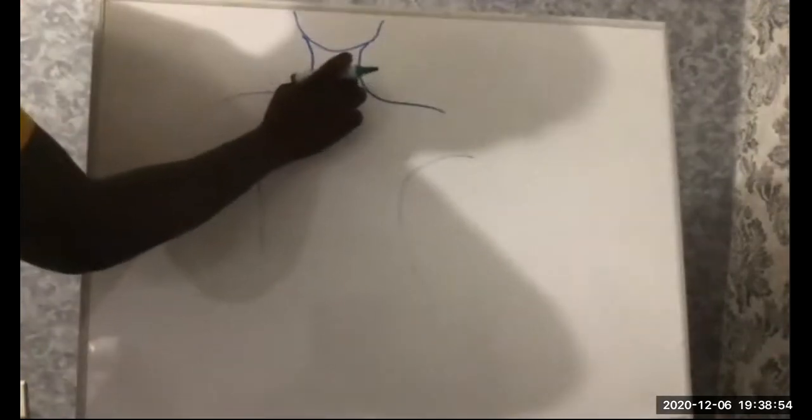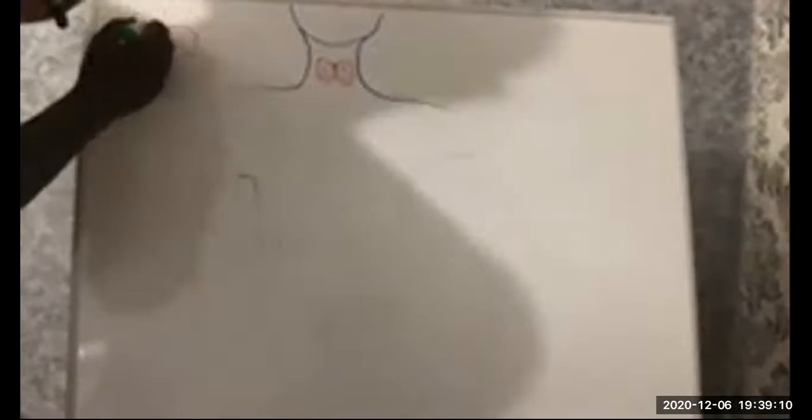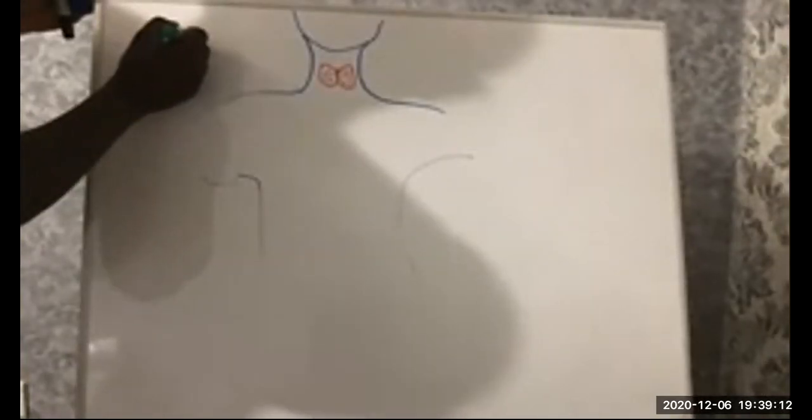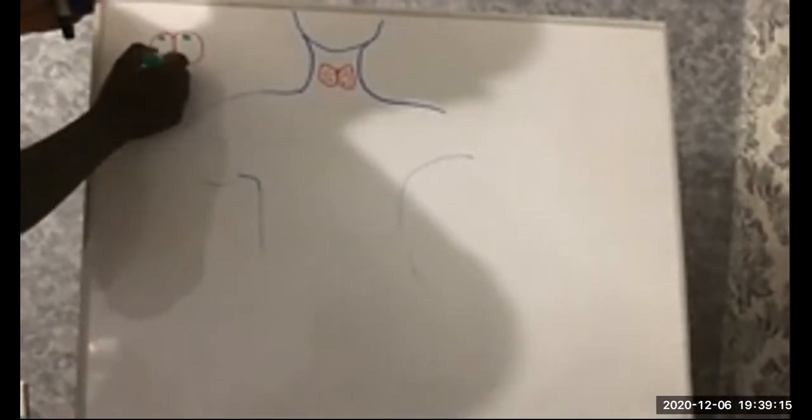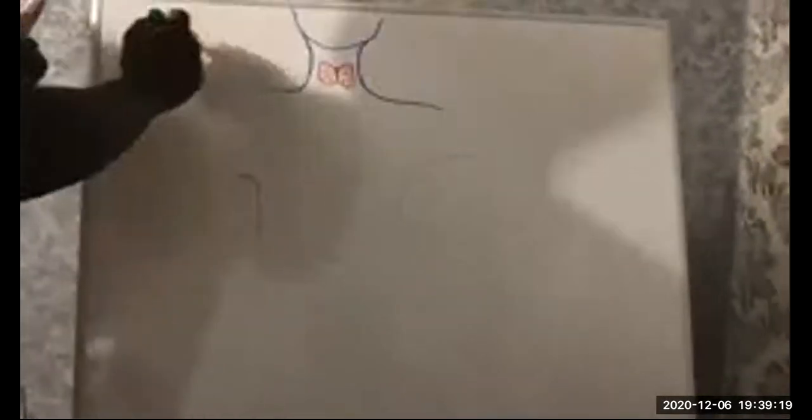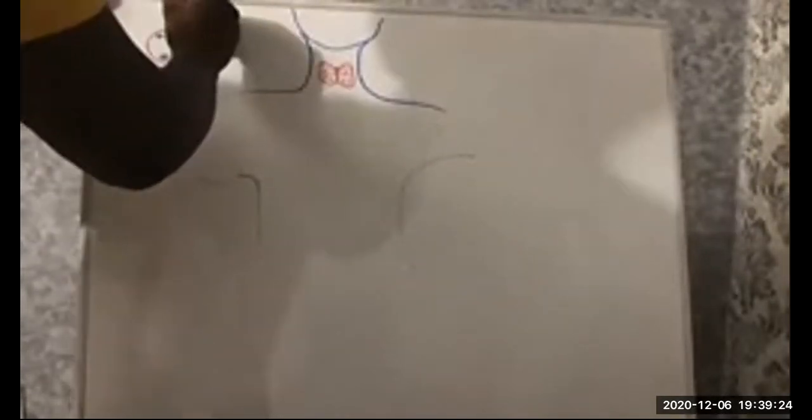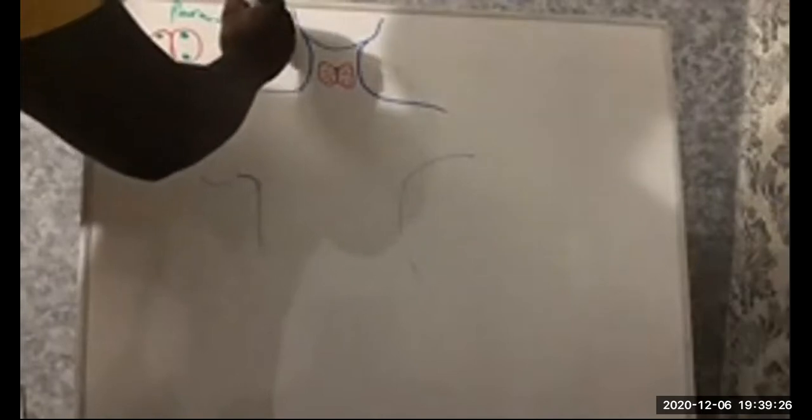So when you take this thyroid gland and you turn it, it still looks like a butterfly, but then you are going to see behind it two superior and two inferior glands in each lobe. Now these glands are called parathyroid because they are just around the thyroid gland. So we call it what? Parathyroid gland.